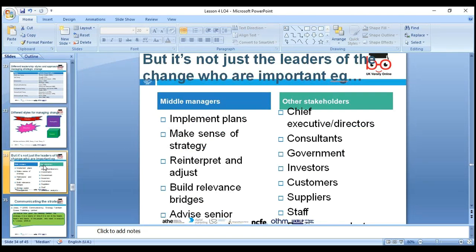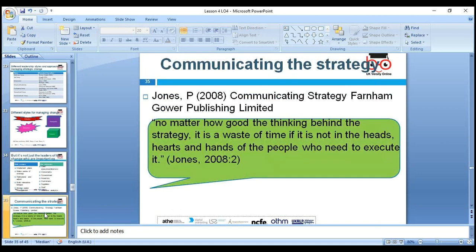Middle level management and other stakeholders: middle level implement the plan, make sense of strategies, reinterpret and adjust, and build relevance bridges between senior, junior, and other stakeholders. Of course, we also need the chief executive, consultants, government, and investors, all the stakeholders in the environment.